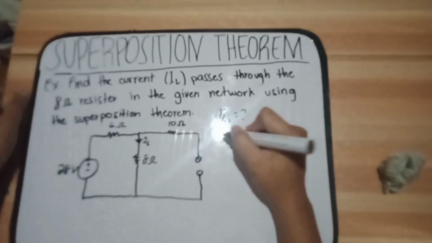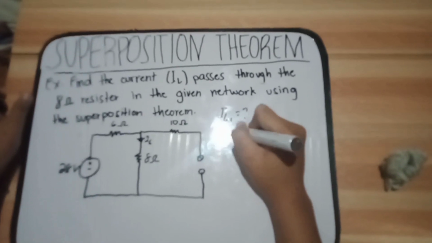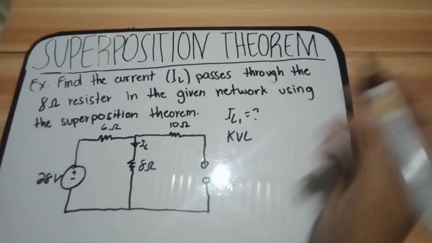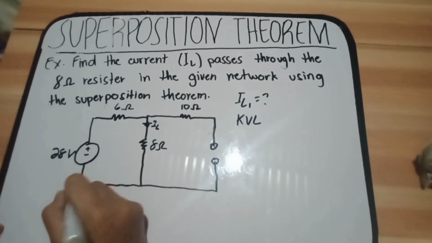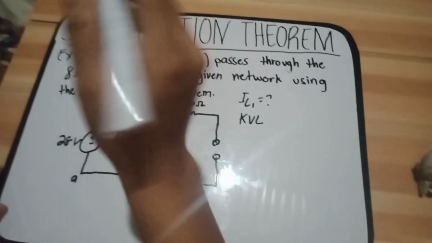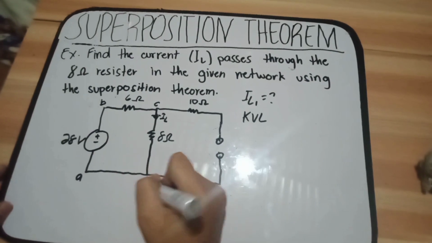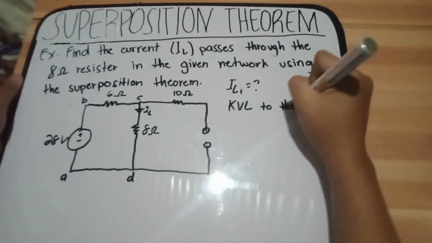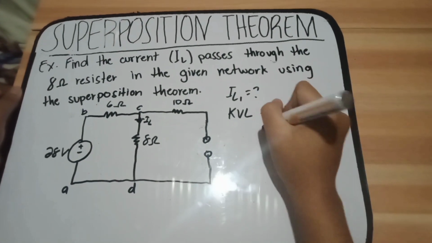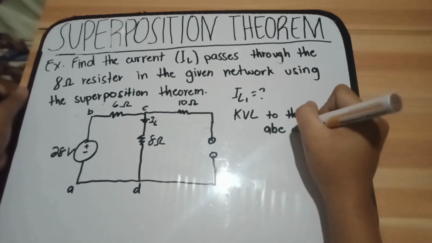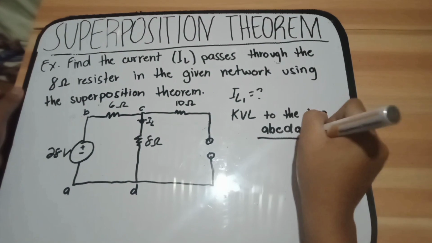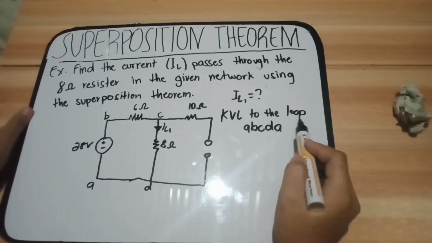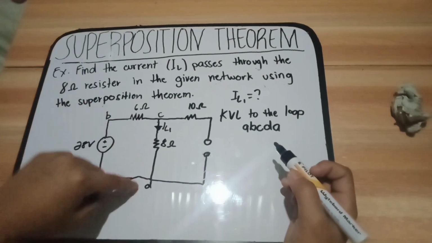Ngayon, gagamitin natin ang KVL. Magloloop tayo to the loop A, B, C, D, A.